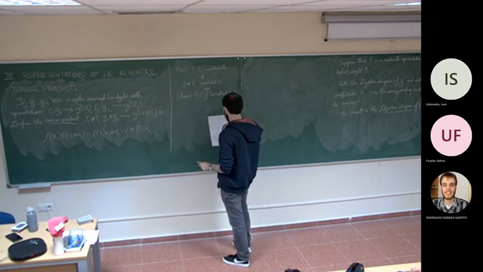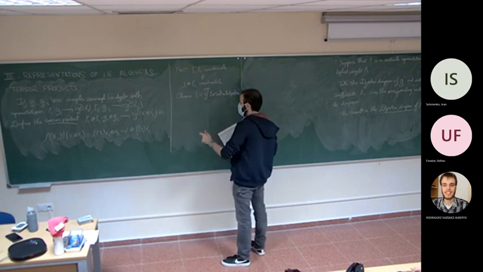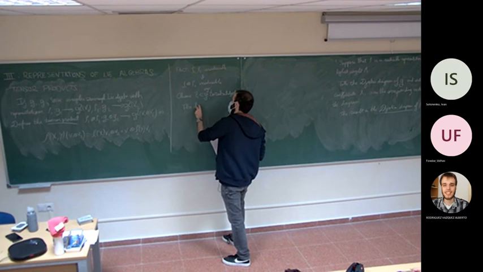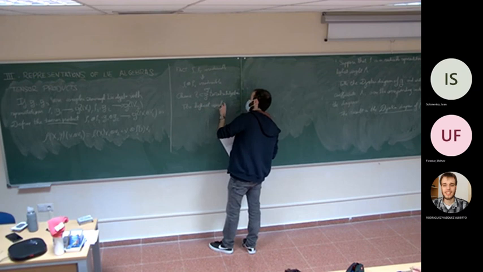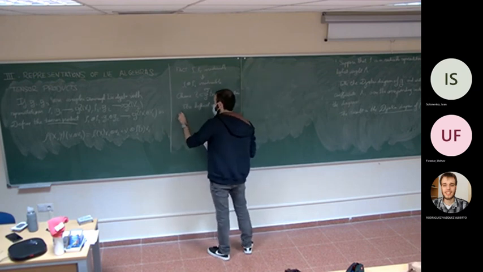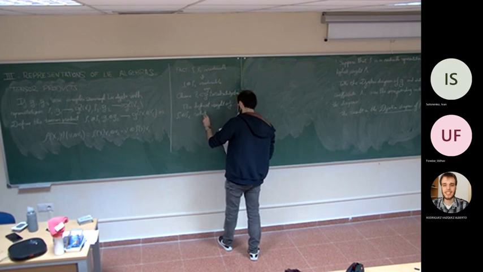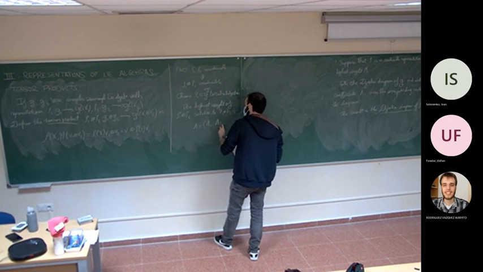With respect to the sum of these tori, which is again a torus of G1 plus G2, the highest weight of rho 1 tensor rho 2 relative to T1 plus T2 is simply (lambda 1, lambda 2).